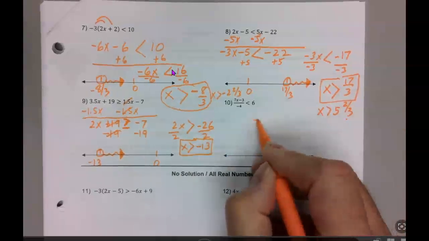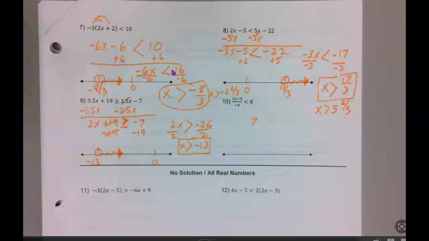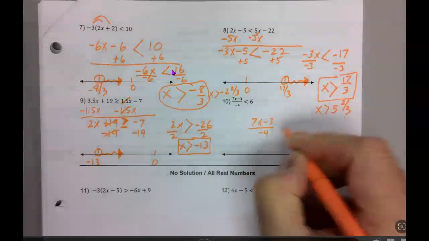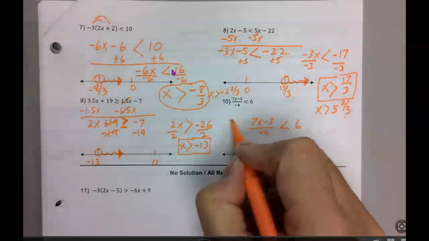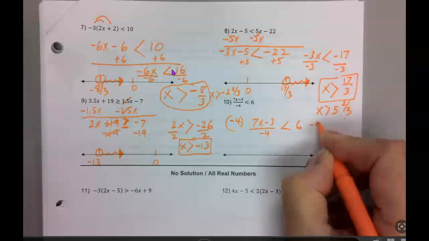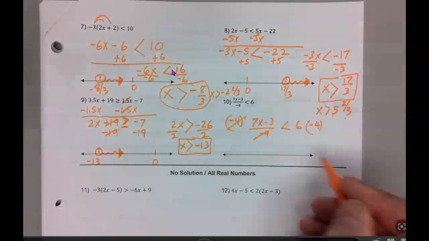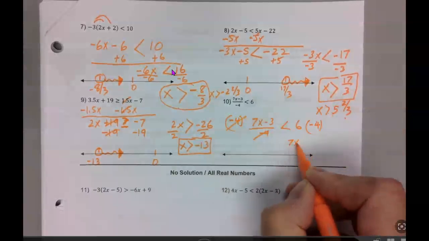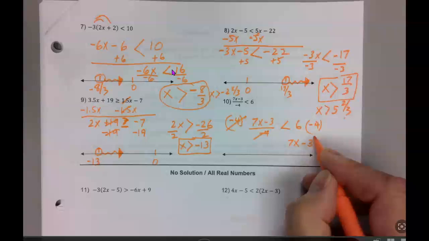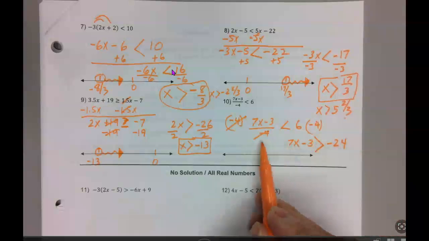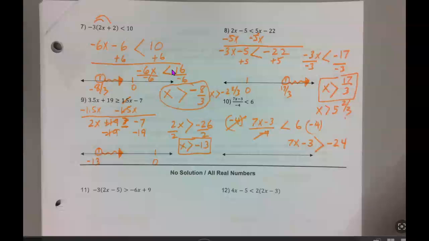Okay, what have we learned about? We've got a fraction here. What are we going to multiply both sides by to get rid of the fraction? -4, correct? And when you do that, these cancel and leave me 7x minus 3 is greater than -24. I have to reverse the inequality because I multiplied both sides by a what? By a negative, correct? Now, what am I going to do here? Add 3.